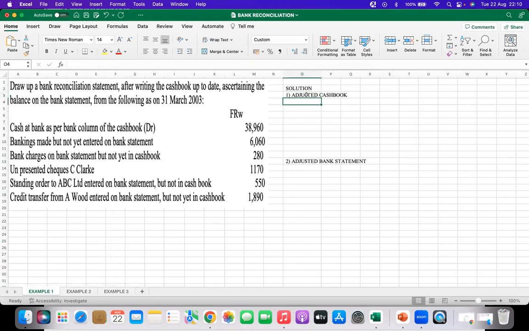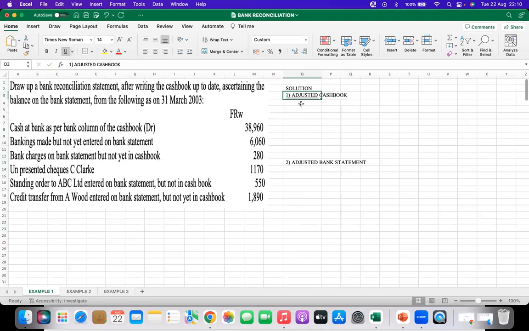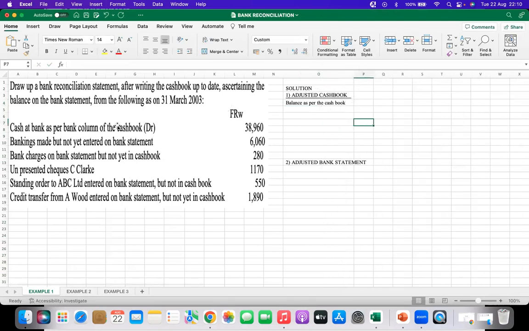So when preparing the adjusted cash book, the starting point is to look at the closing balance. The closing balance is the balance as per the cash book. So we start with the balance as per the cash book. We check in the question, cash at bank as per the bank column.